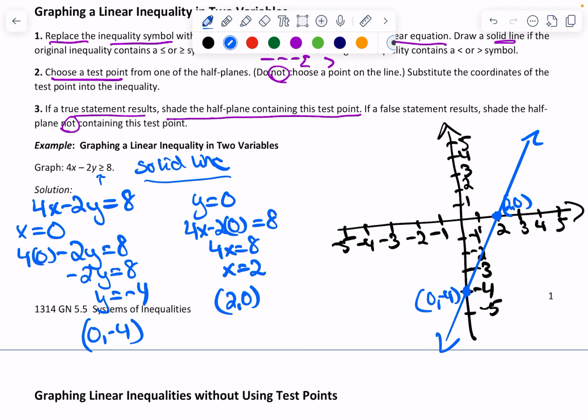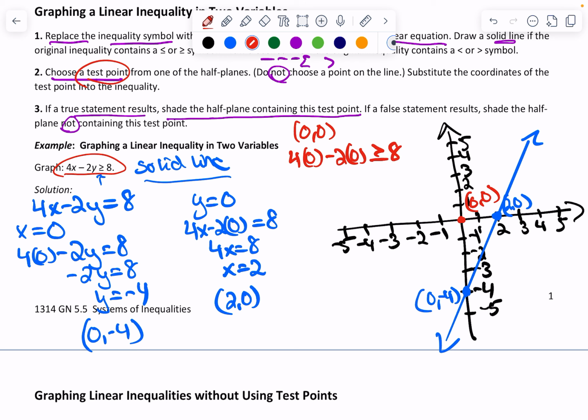Now, our next step is to choose the test point. When we're choosing a test point, we want to choose the point that is easiest and that is not on the line. The point that normally is easy is 0, 0 because it's easy to do the calculations. So we're going to plug 0, 0 into the original inequality. 4 times 0 minus 2 times 0 is greater than or equal to 8.